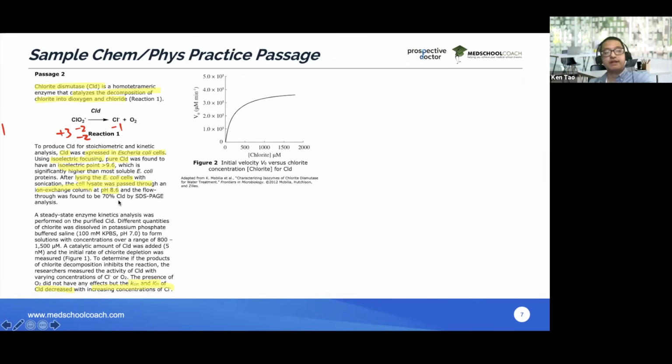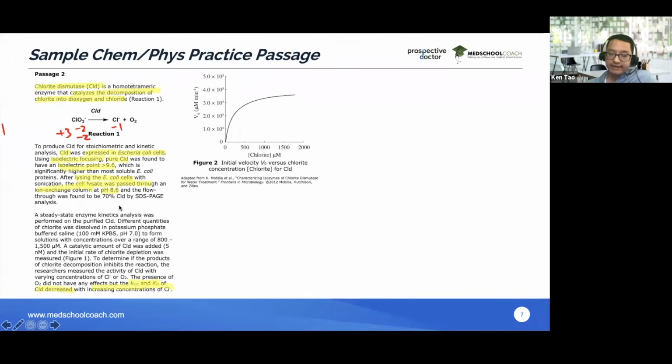Couple of things. Number one, anytime you run an ion exchange column, something's going to get stuck in the column, something's going to pass through. In this case, what we're looking for is what passes through. So that means this is not something that gets stuck in the column.